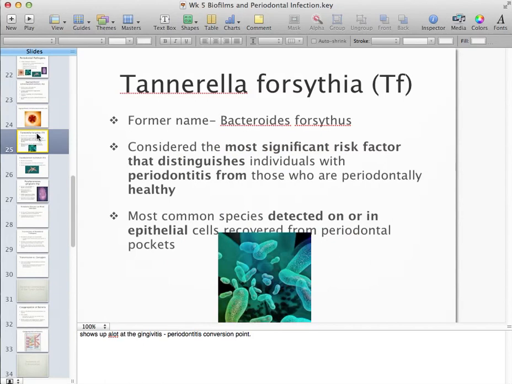So basically, if you swab a perio pocket and you see Tannerella, you know this person most likely has periodontal disease because it's the most significant risk factor. This one, however, can be seen in gingivitis as well. Usually it shows up at the gingivitis perio conversion point. So if you see a patient who used to have gingivitis, but now they're being swabbed for Tannerella, you know they're probably going to end up being a periodontal patient later.